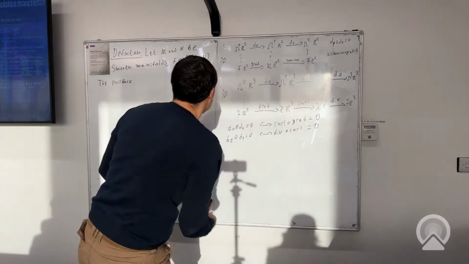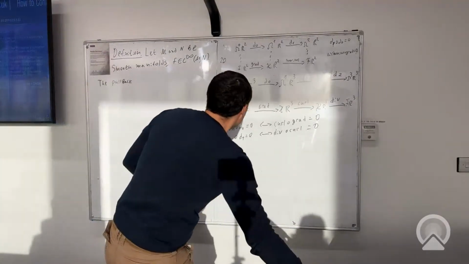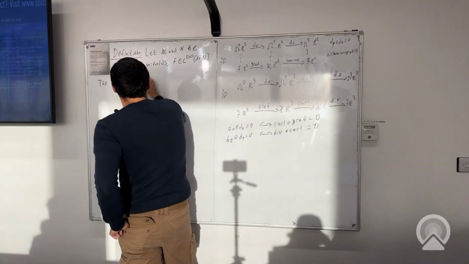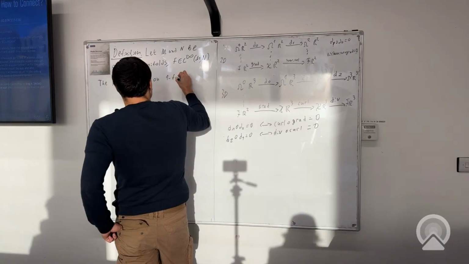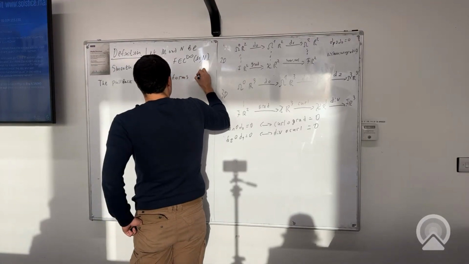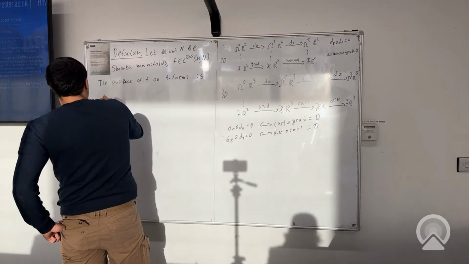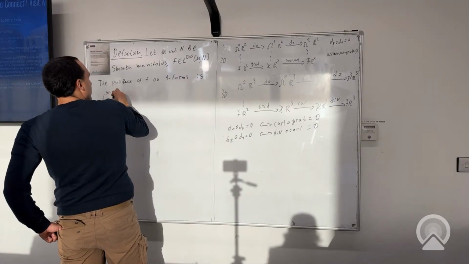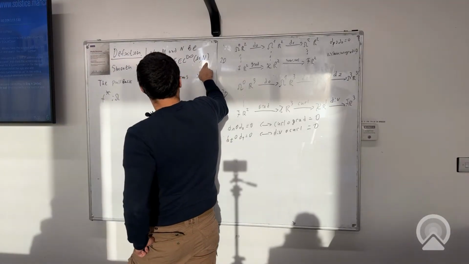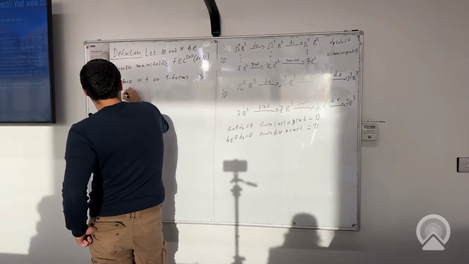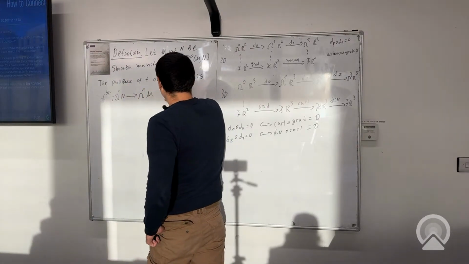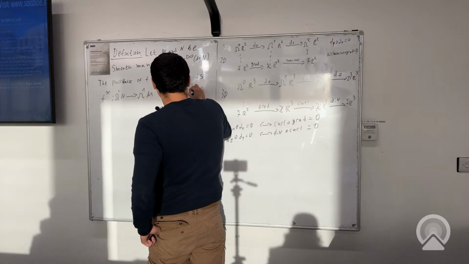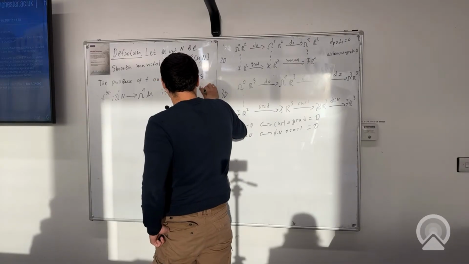The pullback on one-forms is F star. It goes from M to N, but now it goes in the opposite direction. So it goes from Omega 1 of N to Omega 1 of M, and is defined as follows.